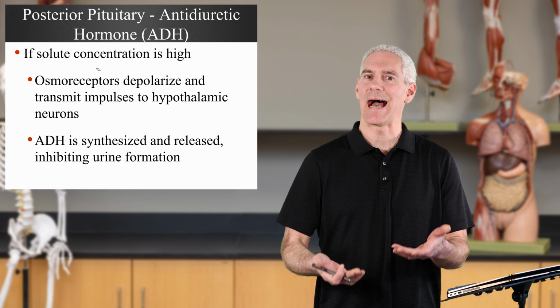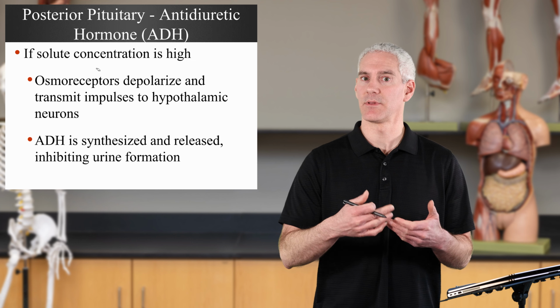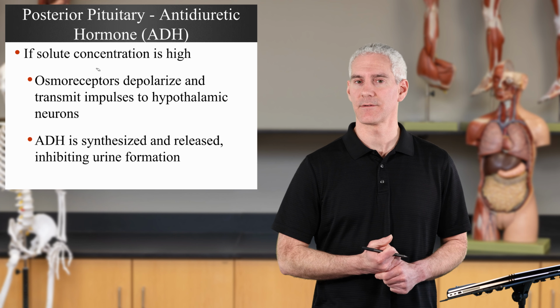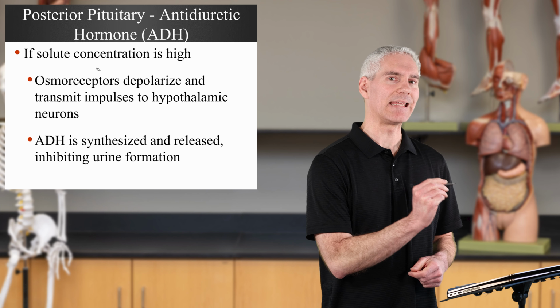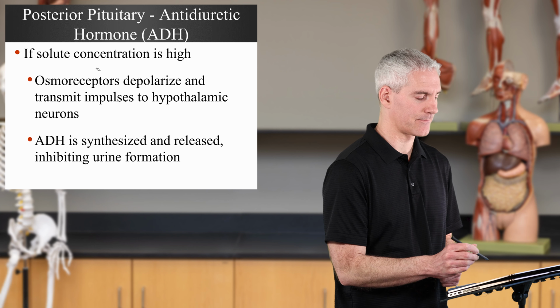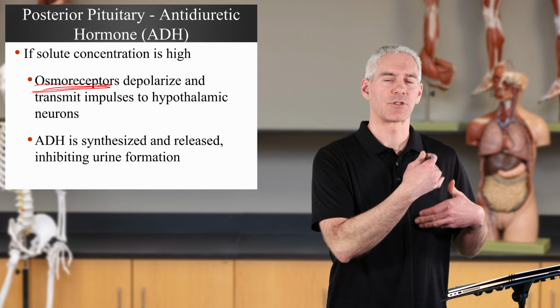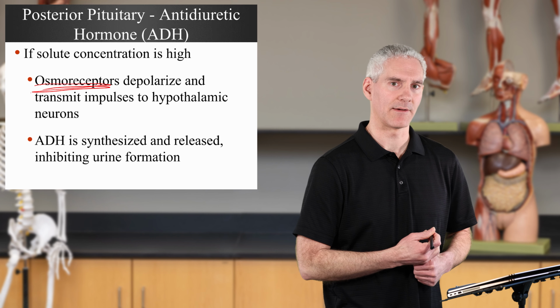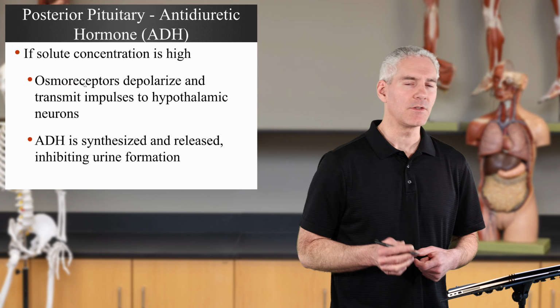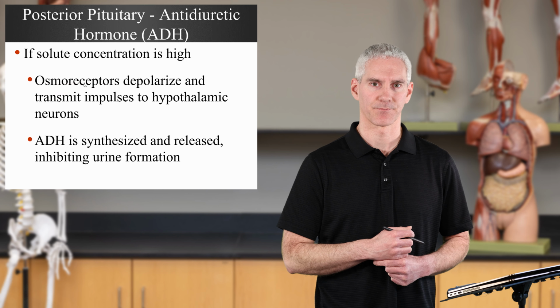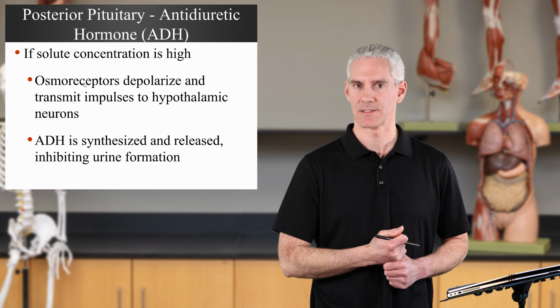So we're monitoring how much solute there is in the blood, as well as what's in the forming urine. If the solute concentration is high, you're going to have these osmoreceptors. They're sensing, feeling and understanding what the levels of solute are. They'll transmit to the hypothalamus, so up to those hypothalamic neurons.